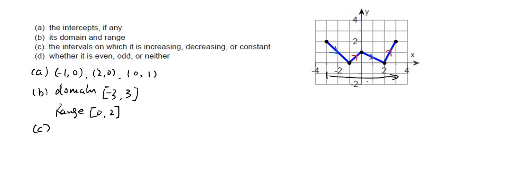Now let's write down the answer. Increasing here is the red one. So it's from -1 to 0, and for this part, it's from 2 to 3.